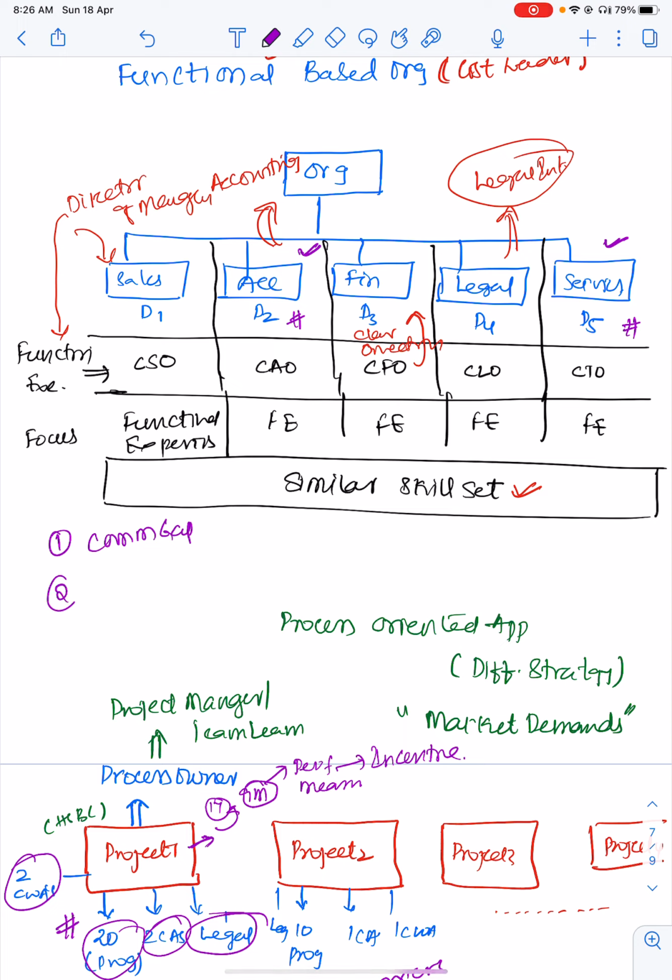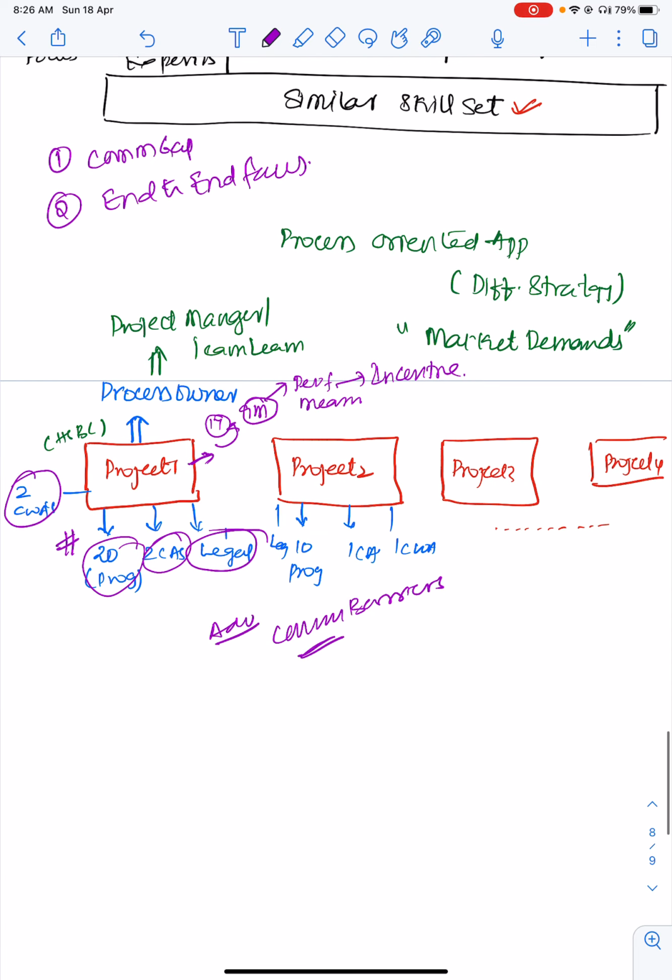And second, they lack end to end focus. Why? Because they don't know what is happening in services, and they don't know what is happening in legal. Whereas here, they'll not have that problem because they'll know the end to end of a project. So they'll not have any silo approach here.